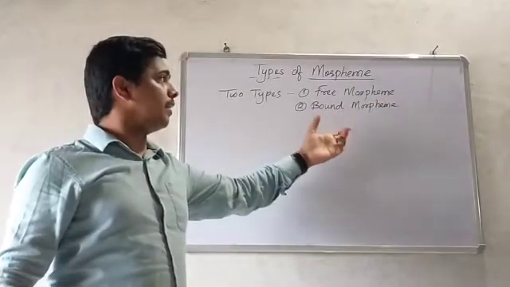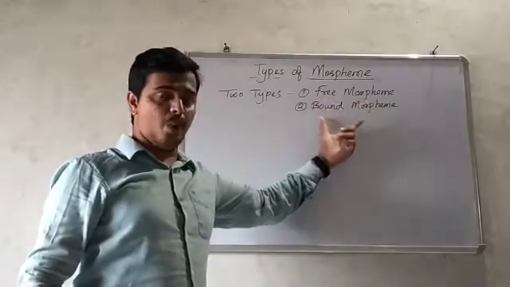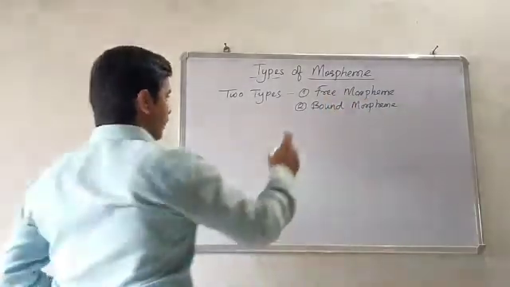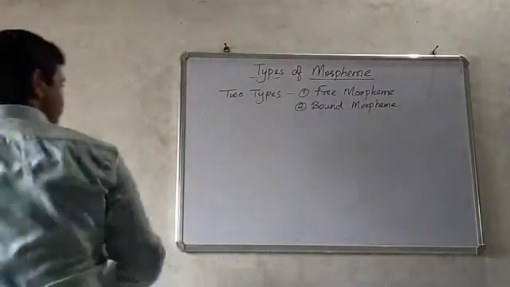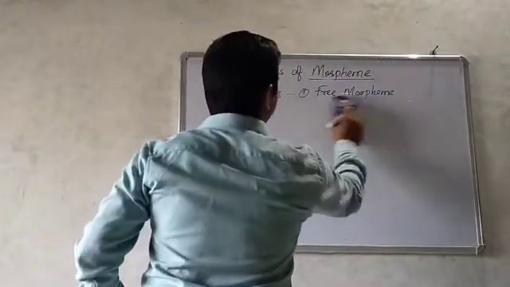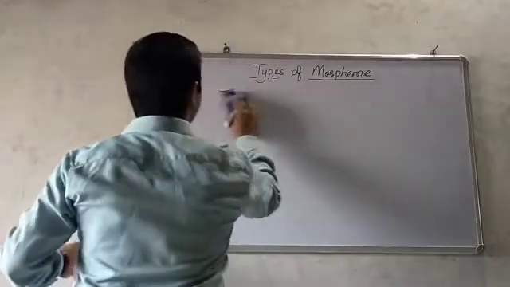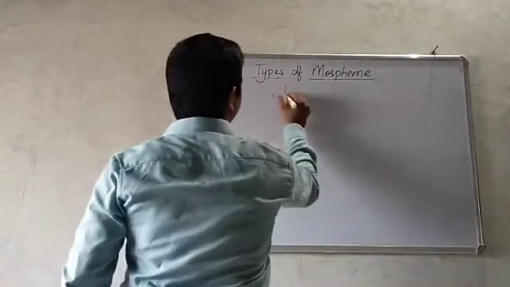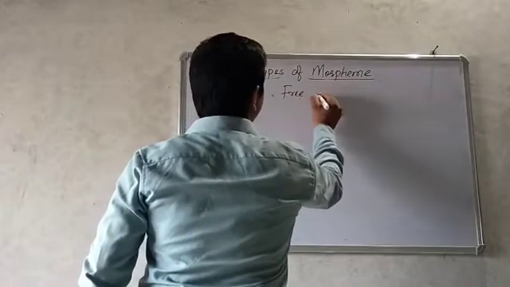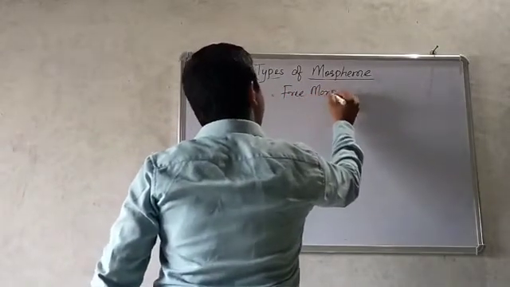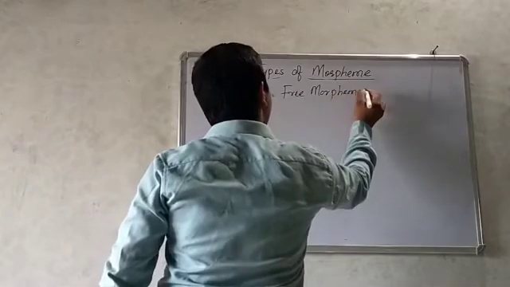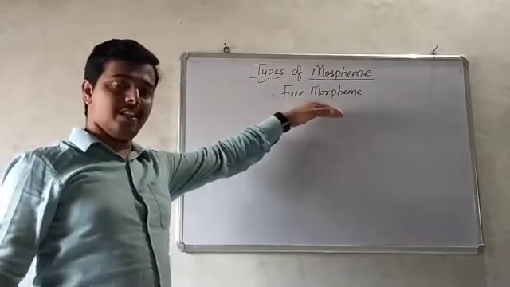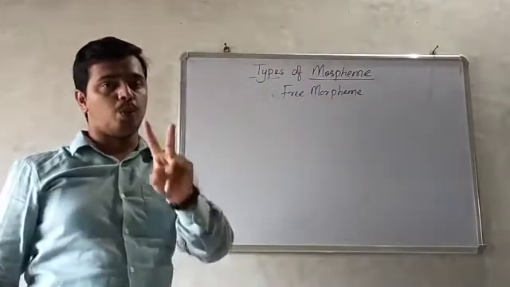Now again, the free morpheme is divided into 2 groups. So this free morpheme is again divided into 2 groups.